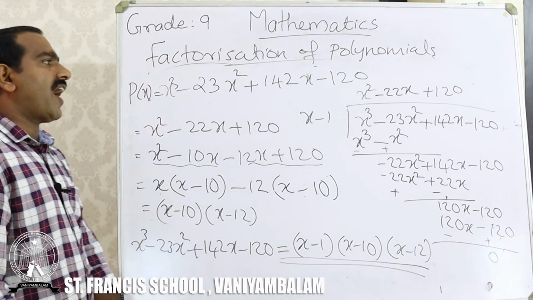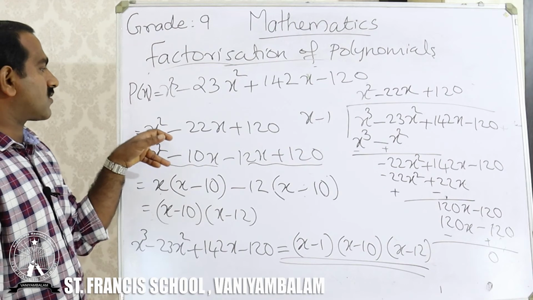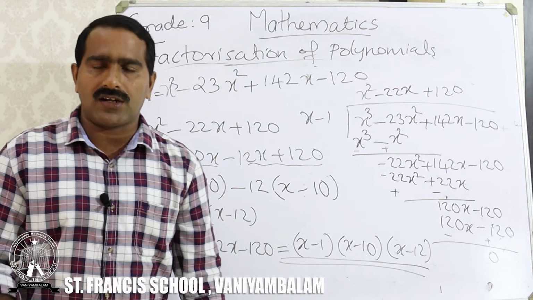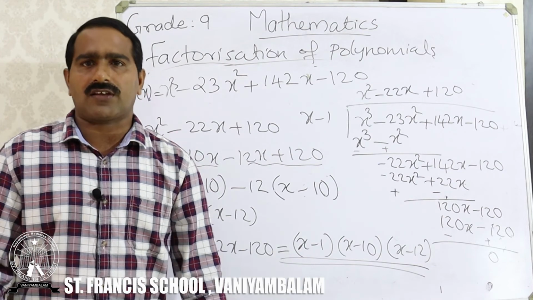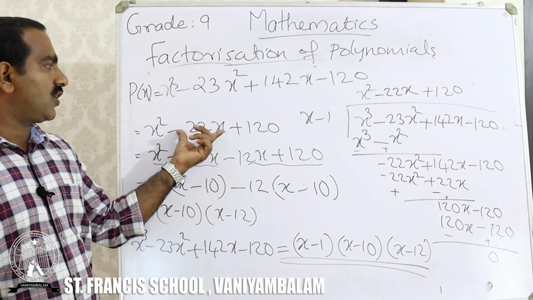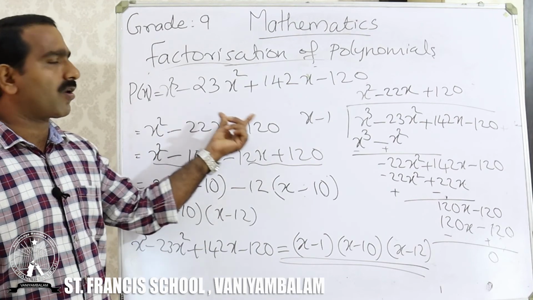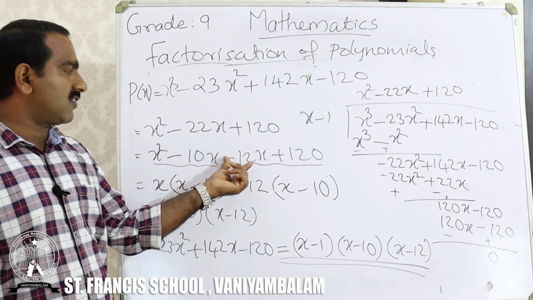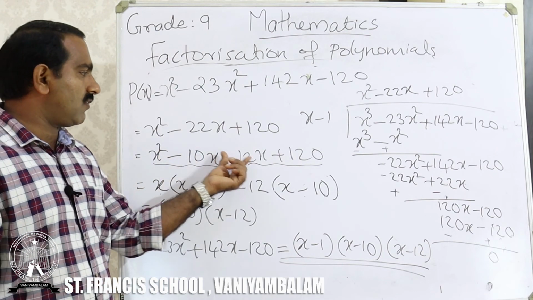Now we factorize this quadratic polynomial x square minus 22x plus 120 either by splitting the middle term or by using factor theorem. Here we did it by splitting the middle term, with sum minus 22 and product 120. So we got two numbers, minus 10 and minus 12. Minus 10x and minus 12x.